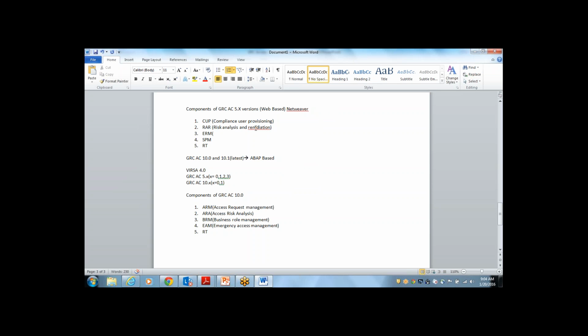ERM is enterprise role management. SPM is super user privilege management. This is as well risk terminator.